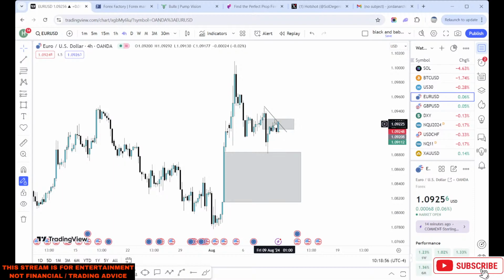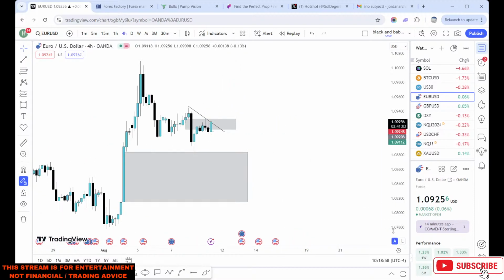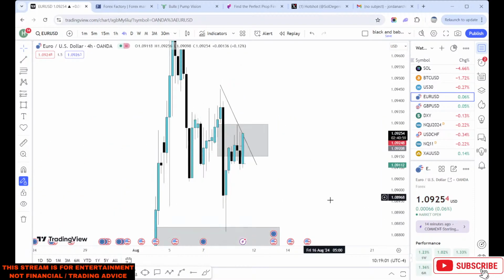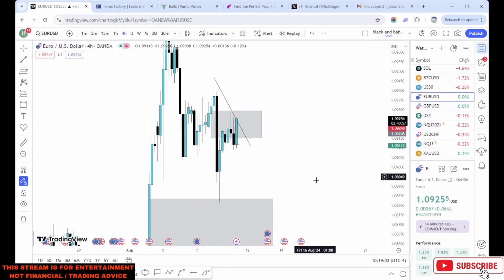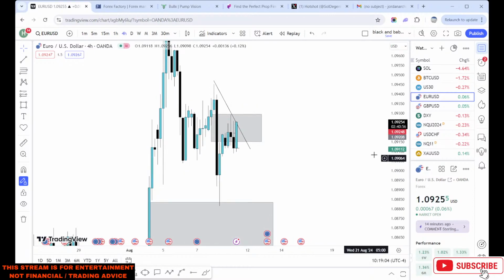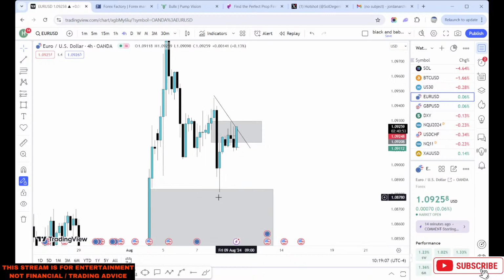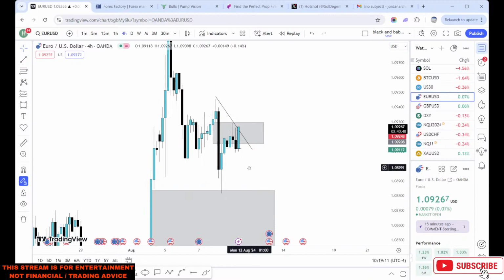Price this morning was in this internal range liquidity, and my anticipation was that we could potentially sell off into this bullish fair value gap. So that's what I was looking for.